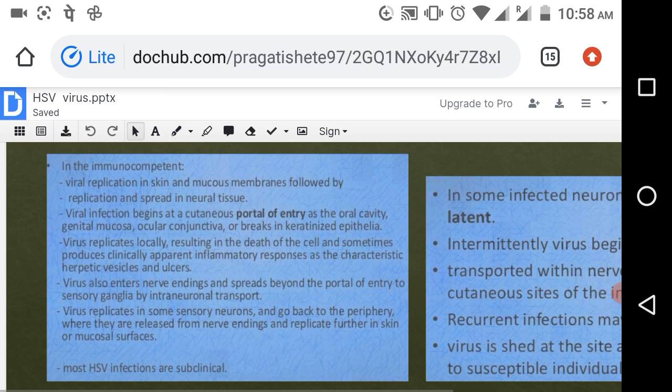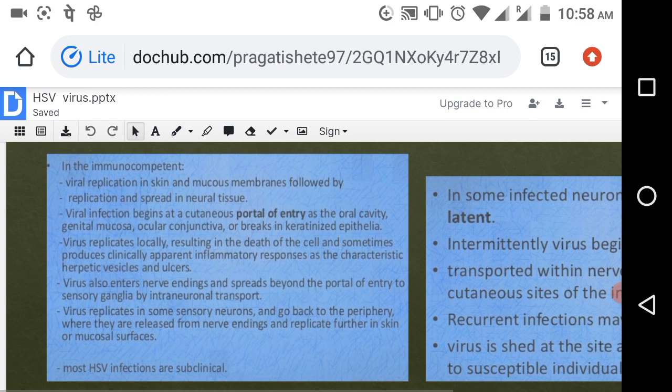The virus replicates in some sensory neurons also and goes back to the periphery. There it is released from the nerve ending and replicates again in the skin and mucosal surfaces, which are its site of replication or infection.